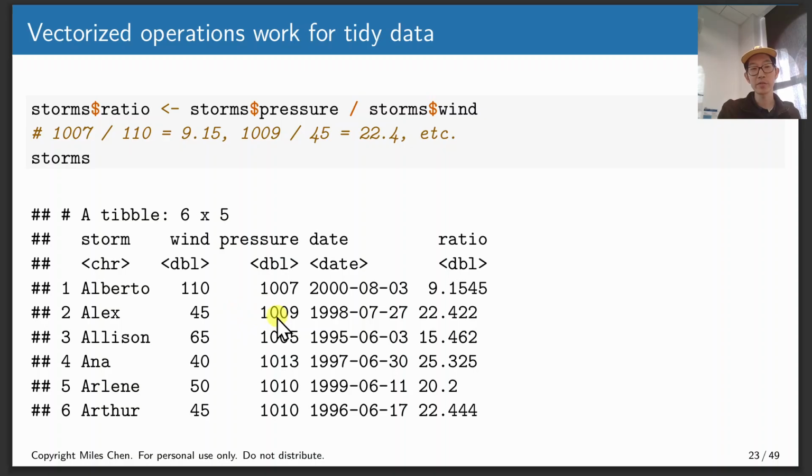And it's going to just do the next thing. 1009 divided by 45 gives us this thing, and this is what we have. And this allows us to do certain operations.